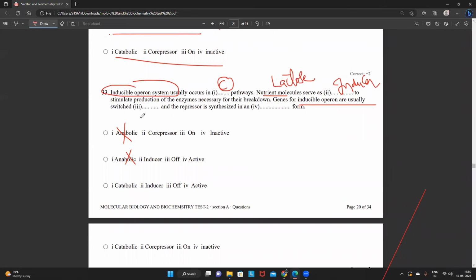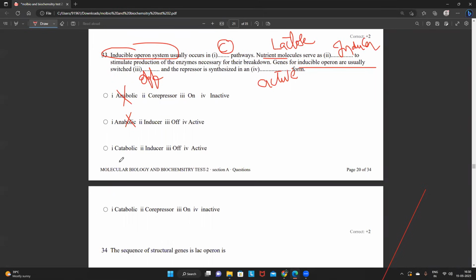If lactose is not present, the operon will be turned off, and the repressor will become active. Very, very easy it is. Hence, the correct answer is C. Very easy to understand and interpret, but you have to think it correctly.